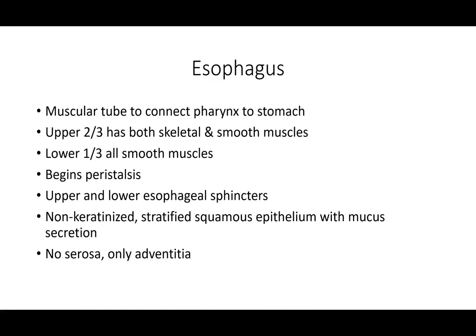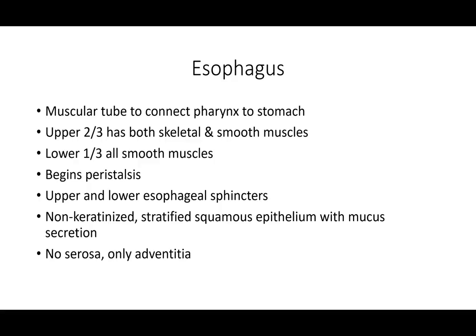All right, next up is the esophagus itself. This is a muscular tube connecting the pharynx to stomach. The upper 2/3 are comprised of both skeletal and smooth muscles, so we do have some conscious control over that section. The lower third is exclusively smooth muscle, so we do not have control over that section.